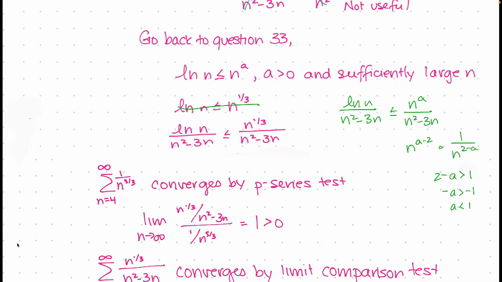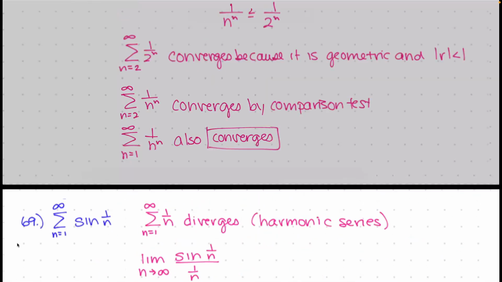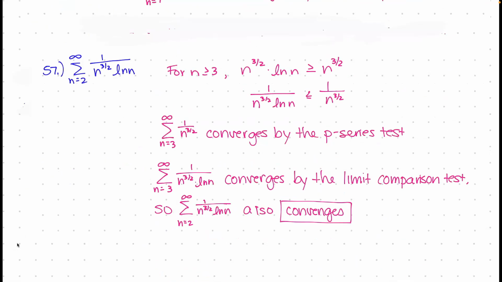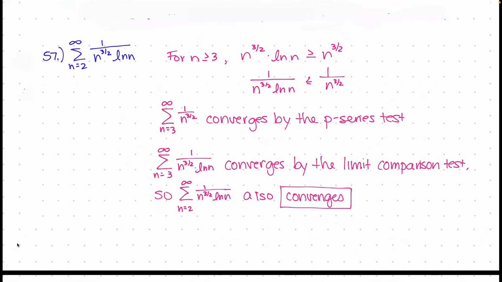Any questions? Yes? 57. Why did you make n bigger than or equal to 2? I must have done this a while ago, but it must be because the inequality didn't work at 2. No, it would have.